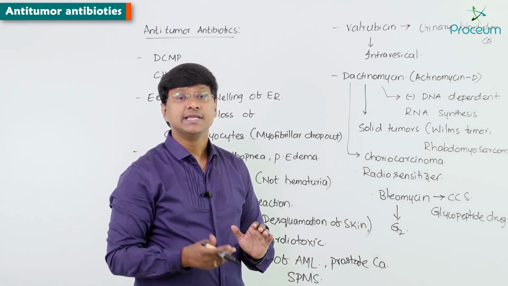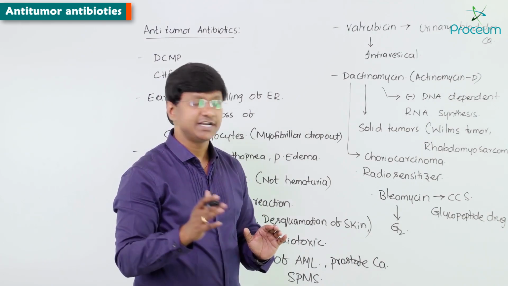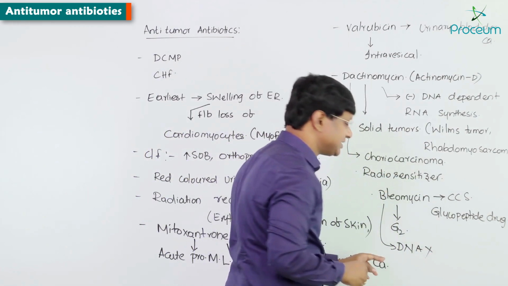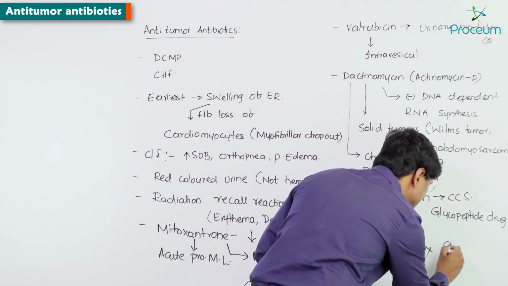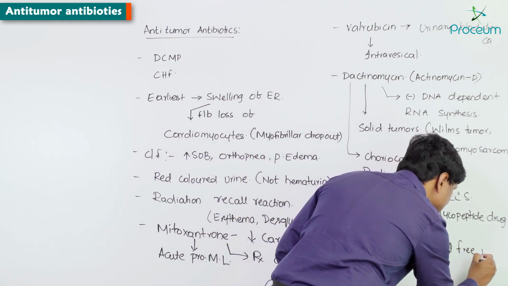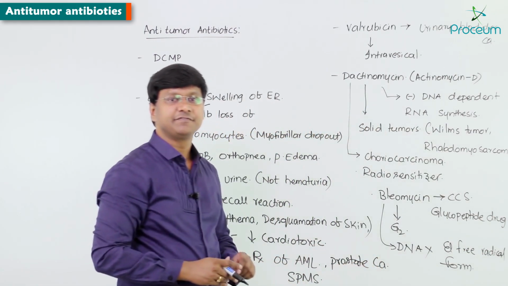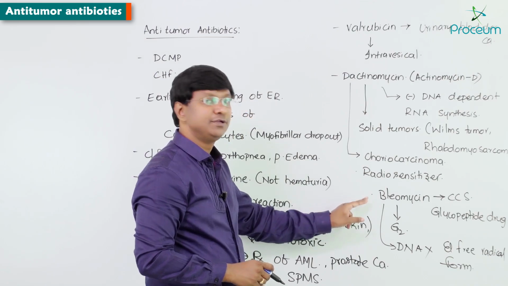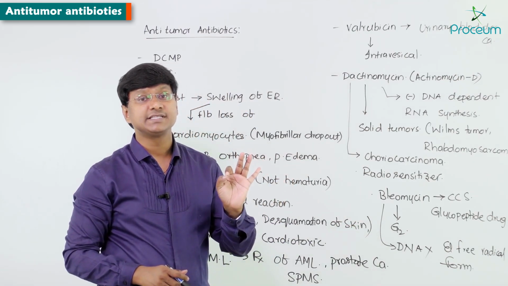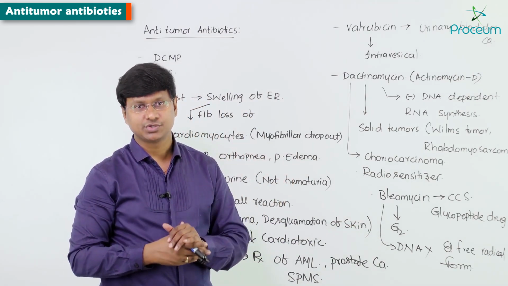And what does it do? It causes DNA strand breakage as well as free radical formation. Now, if you take the adverse effects of bleomycin, remember bleomycin can result in cutaneous toxicity.